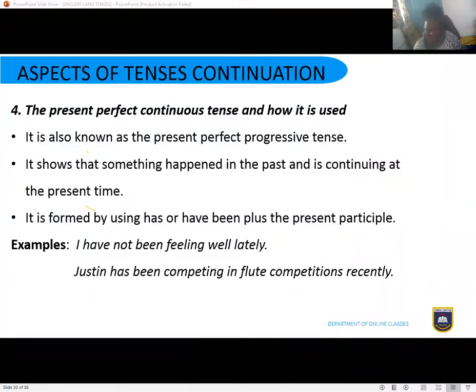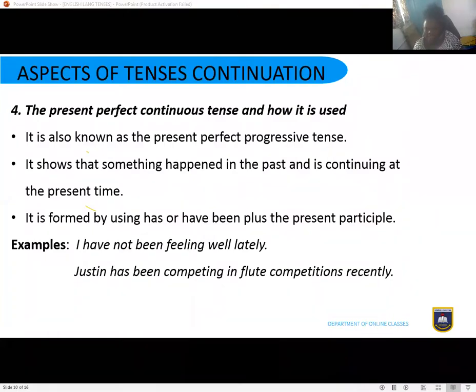Yes. It means that in the past, the person has not been feeling well, and still in the present time is not feeling well. So this sentence shows the present perfect continuous tense.